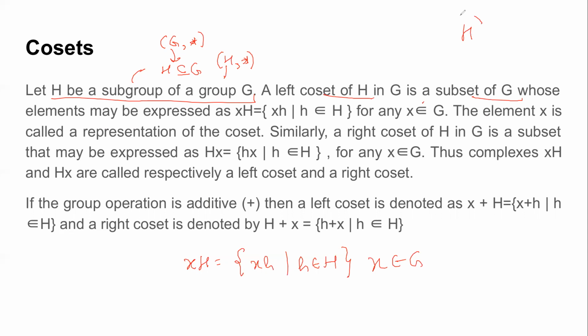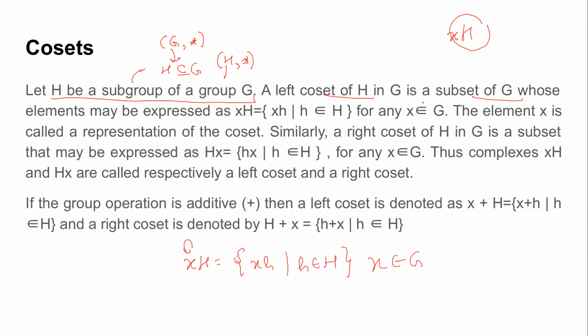You take the subset H and you add a prefix to it, some element which belongs to the larger set G. Such a set is known as your left coset if you prefix the elements.